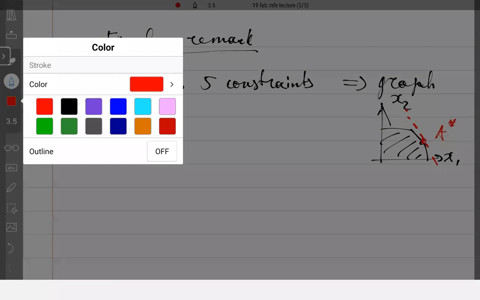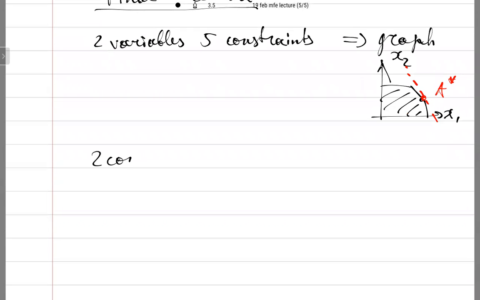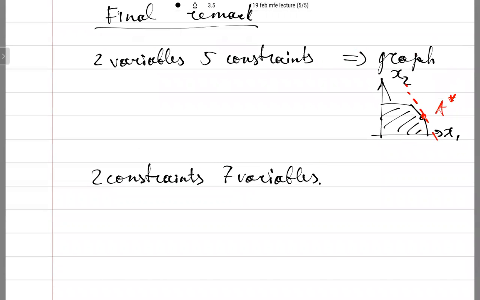And now the miracle. I have a problem with two constraints and 7 variables, y1, y2, up to y7.